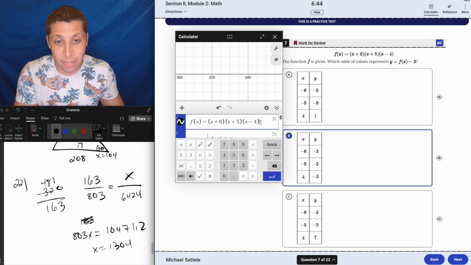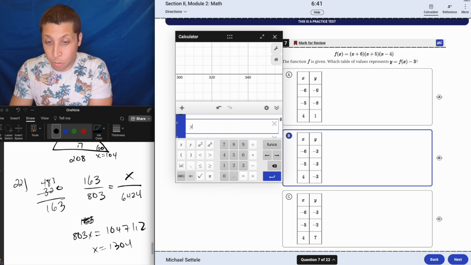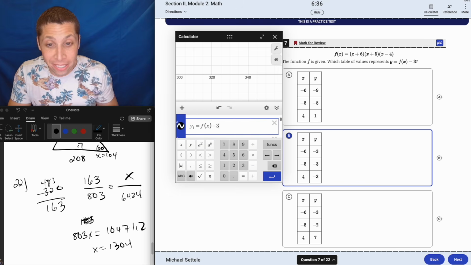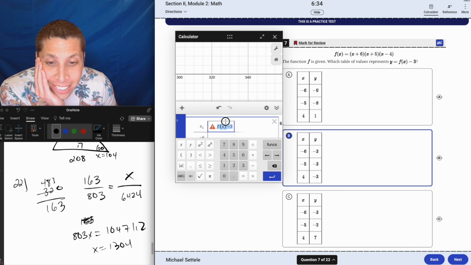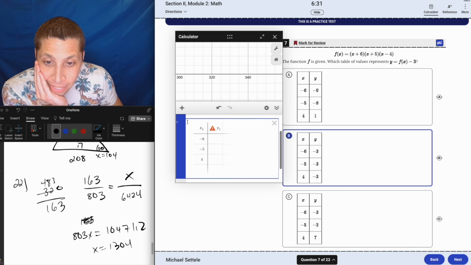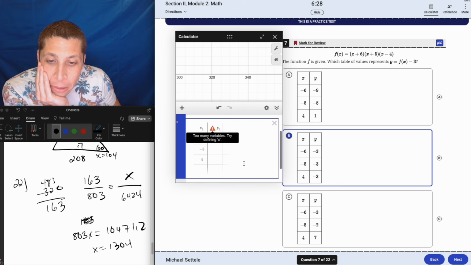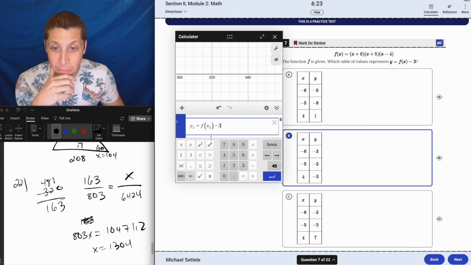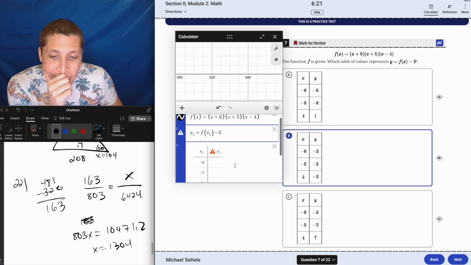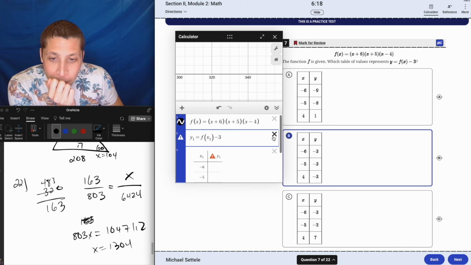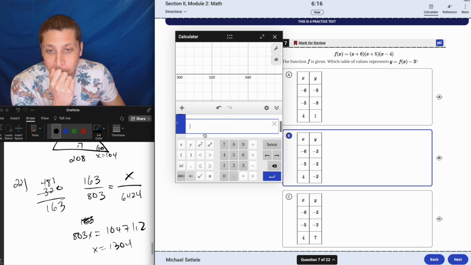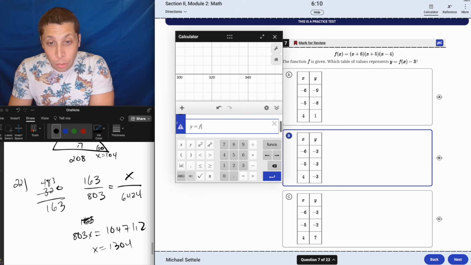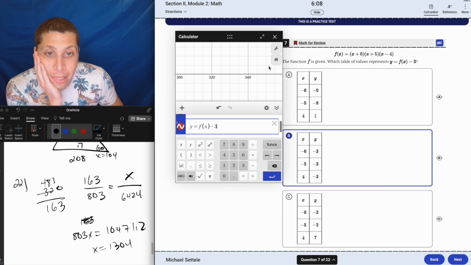What if we did y1 equals f of x minus 3? Oop, minus 3. Is that going to work? Y1? Too many variables. Try defining x. Does that work? Well, I thought that would work, but it's okay. We're just going to do it like this. Someone feel free to comment if you've got a better method, but we can just do y equals f of x minus 3. Let it graph.